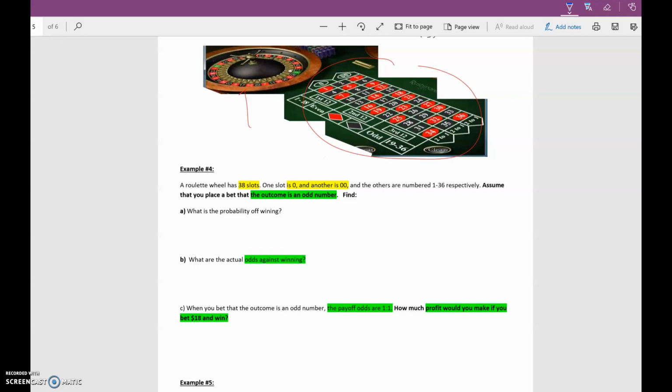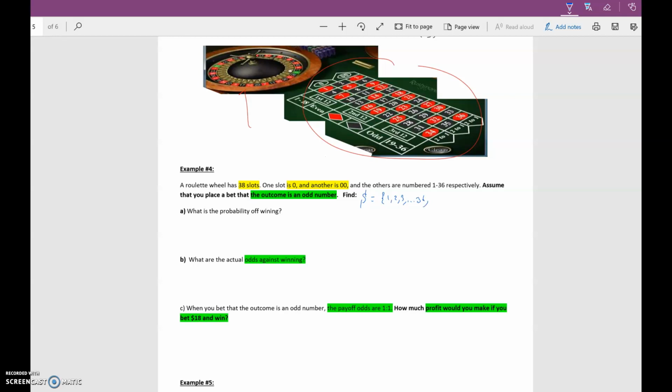Now, let's write the sample space on the side. They're talking about a total of 38 values. So S is equal to the set of numbers in the sample space. In terms of outcomes, you can have the numbers 1, 2, 3, and all the way to 36, which is the maximum.